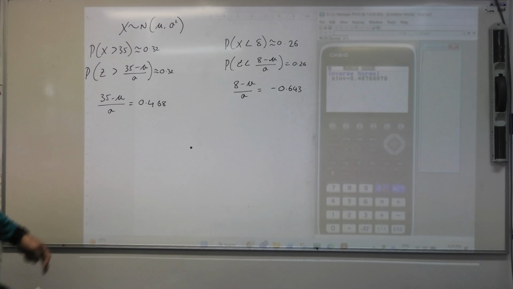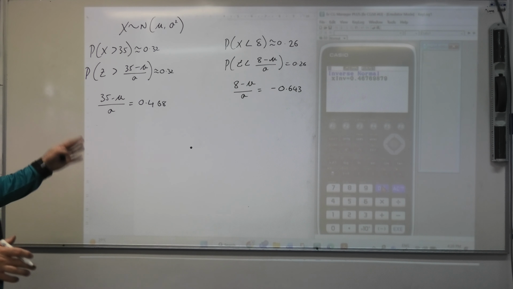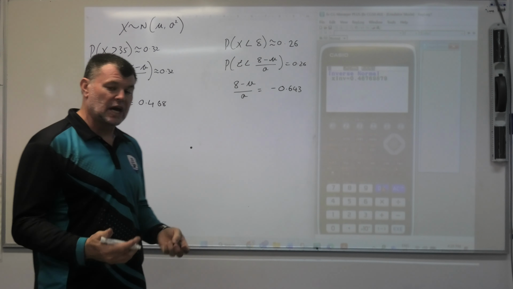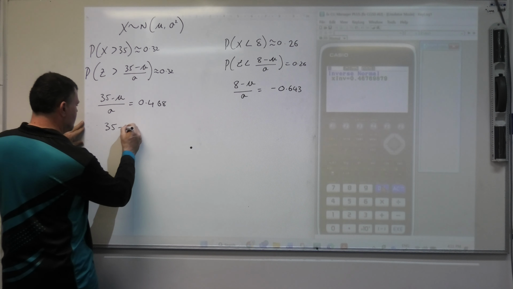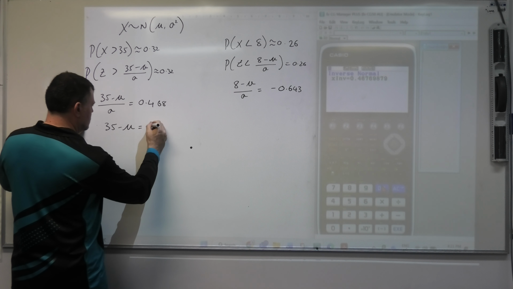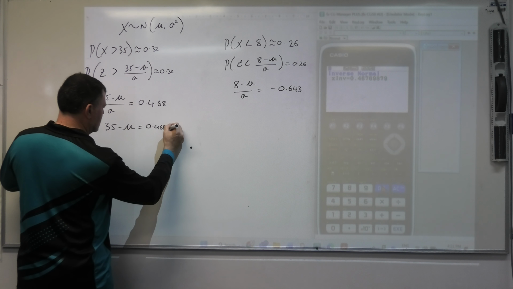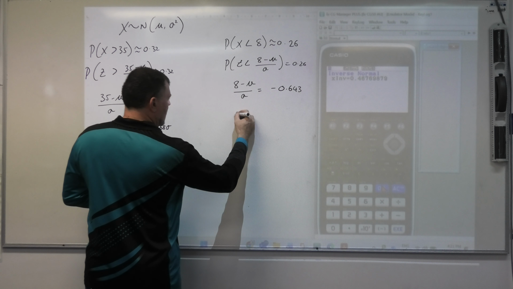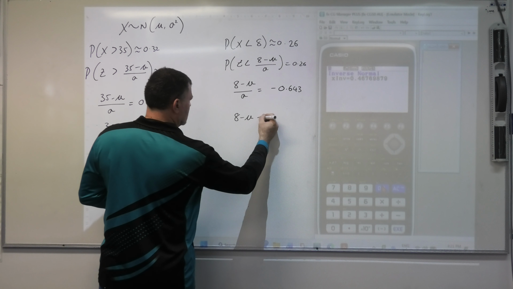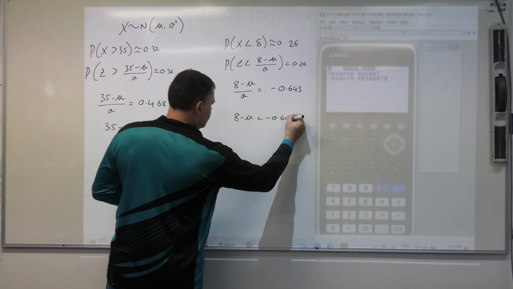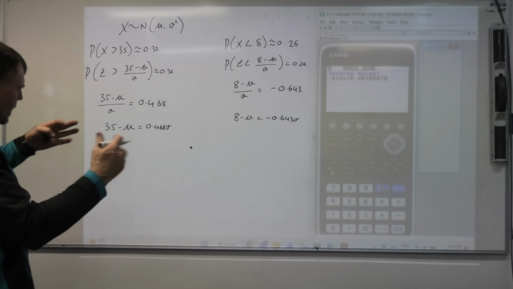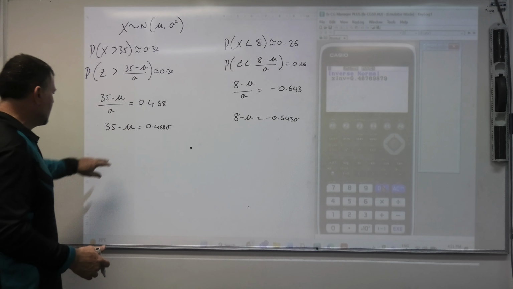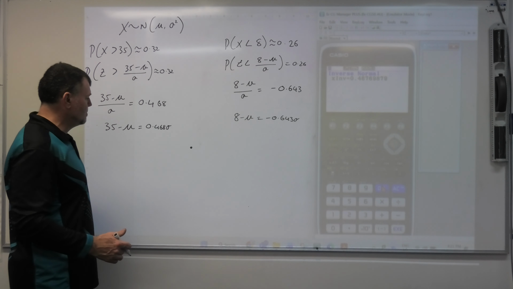All we're doing here is rearranging the formula so that we can get it into a form where we can simultaneously solve them. So if we rearrange this, we get 35 minus the mean is equal to 0.468 deviation, and 8 minus the mean is equal to negative 0.643 deviation. And what we could do is equate both of these to find out what our unknown mean and deviation are going to be.